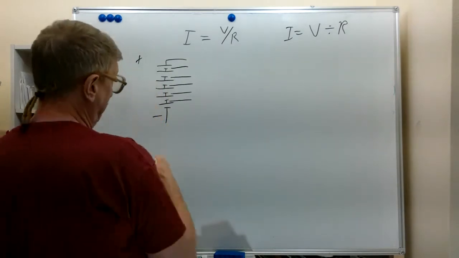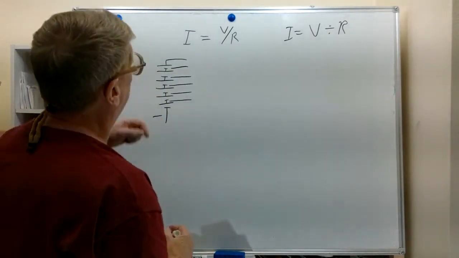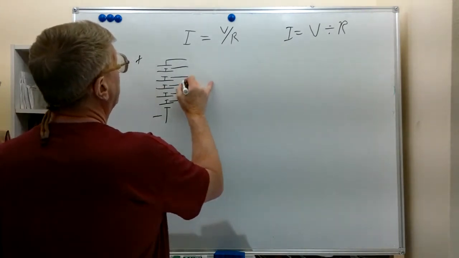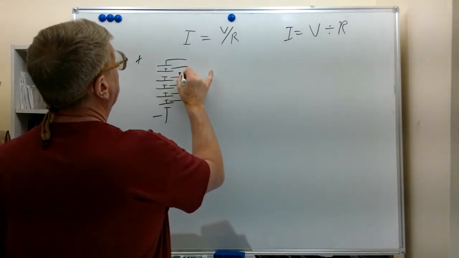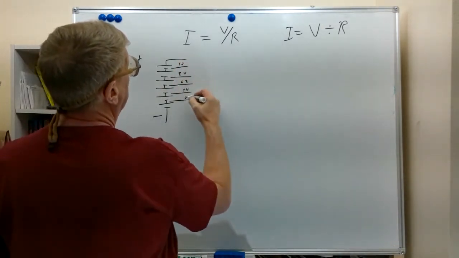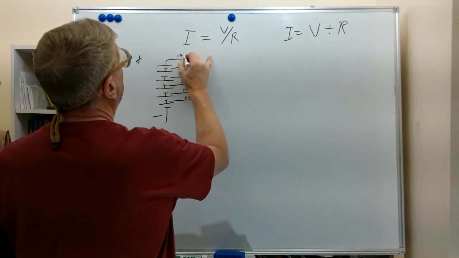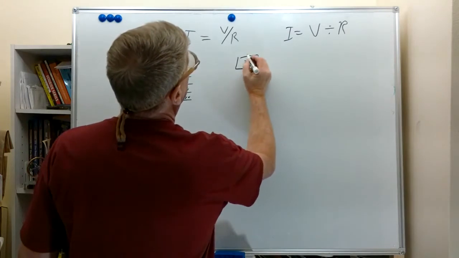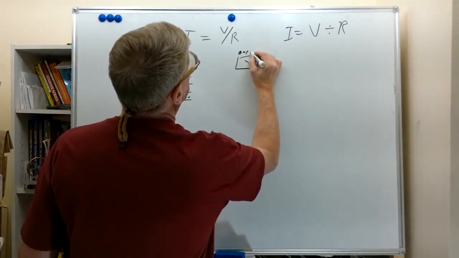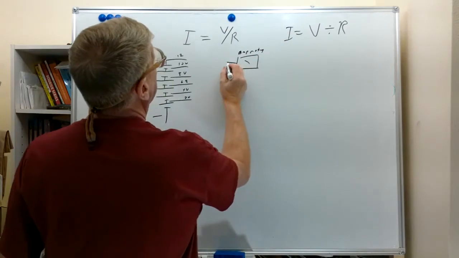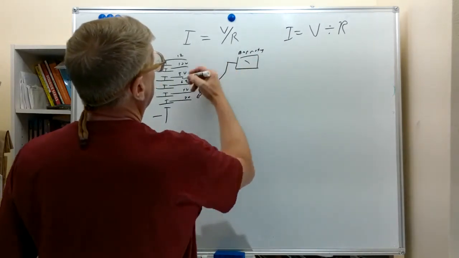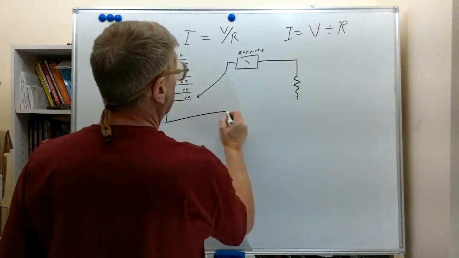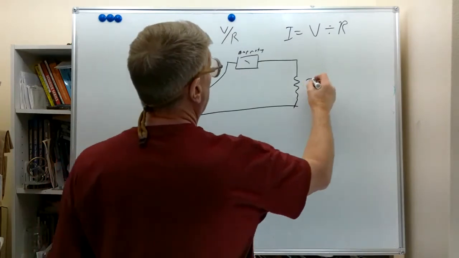Now we've drawn a multiple battery pack that we can tap off different amounts: 2 volts, 4 volts, 6 volts, 8 volts, 10, and 12 volts. We'll put an amp meter in here. We're going to have a tappable switch so we can connect any of those points. We're going to draw a resistor. This resistor is a 2 ohm resistor.